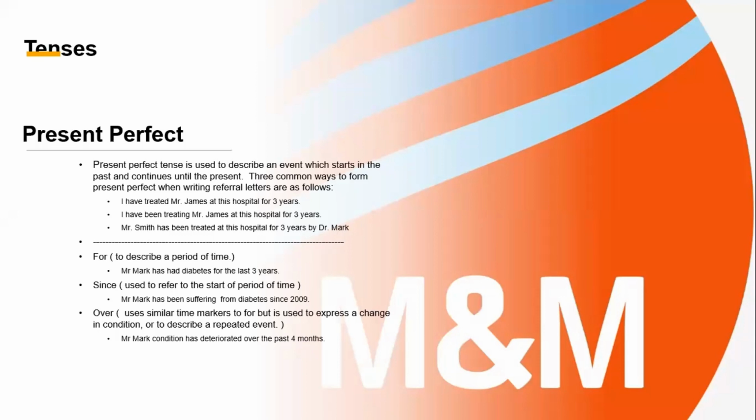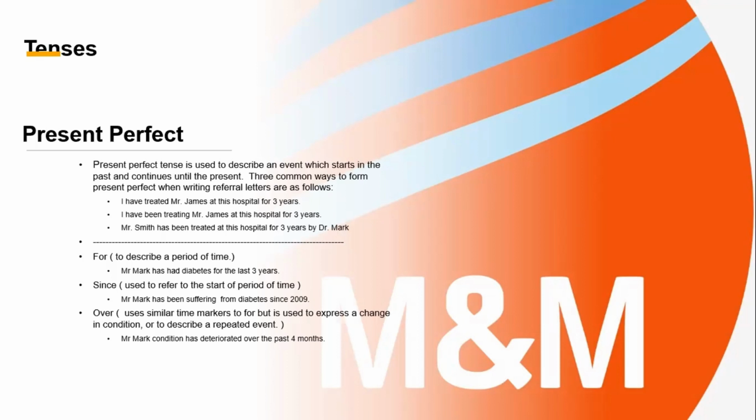Let's say when we have to describe a period of time without knowing exactly the start of the time, we can use for with that. When we know exactly the start of the time, we can use since with that. And over can be used when we have to show repetition or change in the event, right?